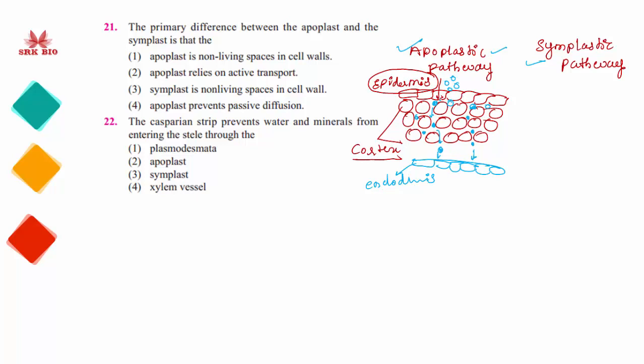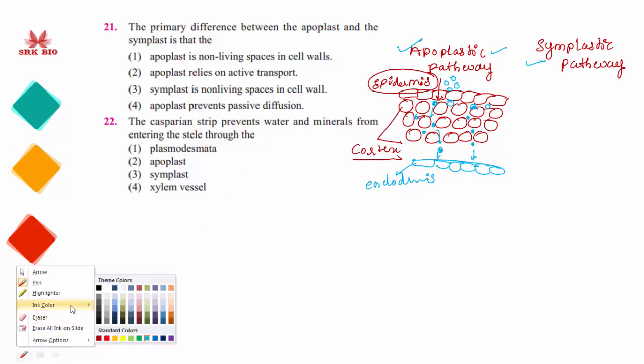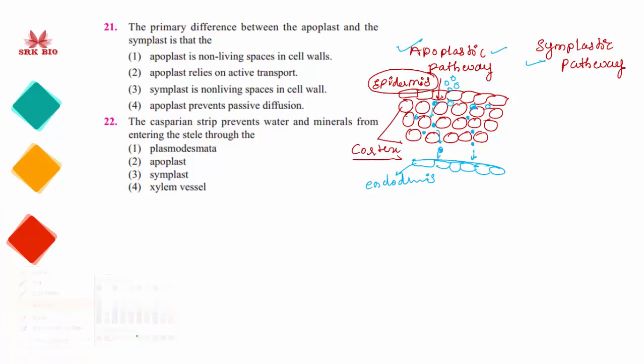There is one more option. See, all these plant cells are connected to each other with the help of plasmodesmata. If I draw a small tube-like structure here, this is the cell of epidermis and this is the cell of cortex. But all the cells are connected to one another.